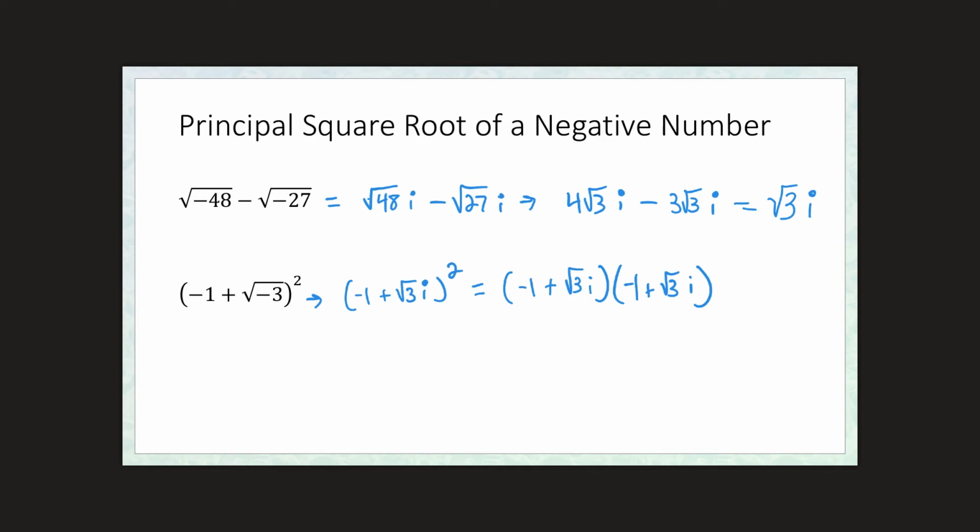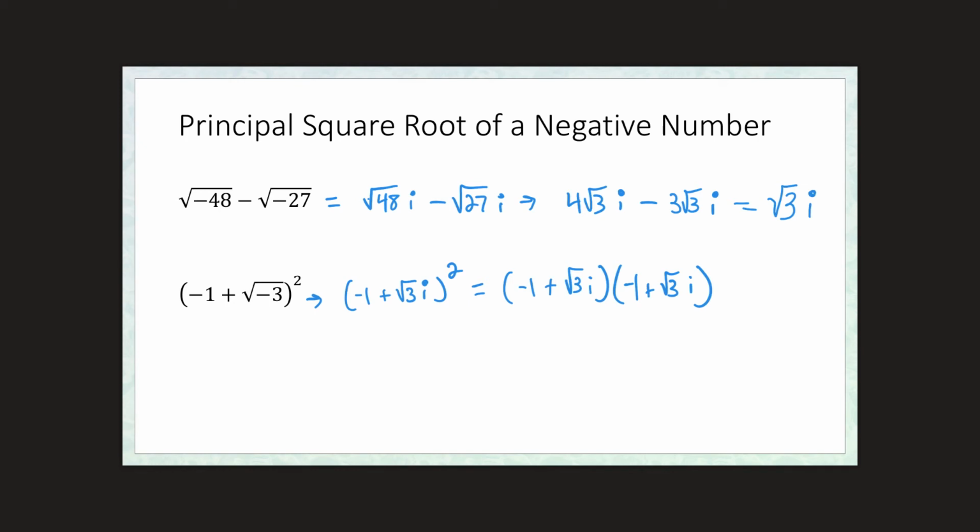Now, a lot of people will look at this and want to distribute this square to each of these terms, and you cannot do that because there is a plus sign in there. That is a very common mistake. So we cannot do that at all. Instead, all we can do is say negative 1 plus the square root of 3 times i, times itself. There we go.